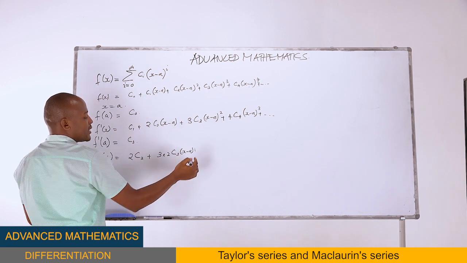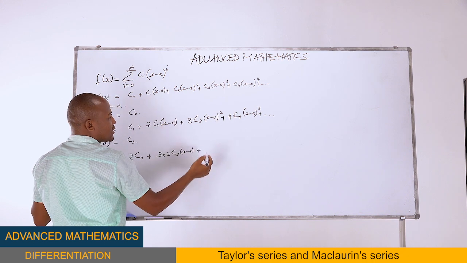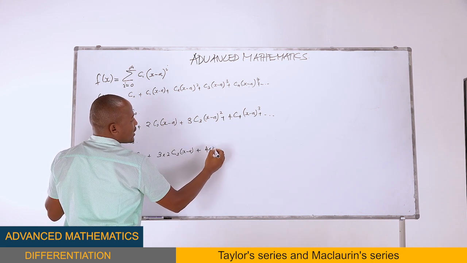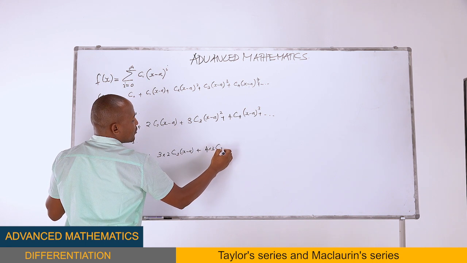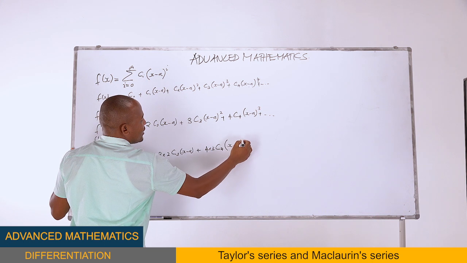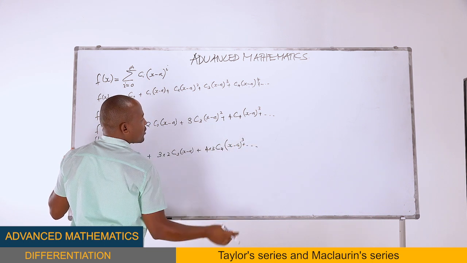We can write it there, or you can write it just to remind yourself. And then we have a 4 times 3 c sub 4 times x minus a, and so forth.